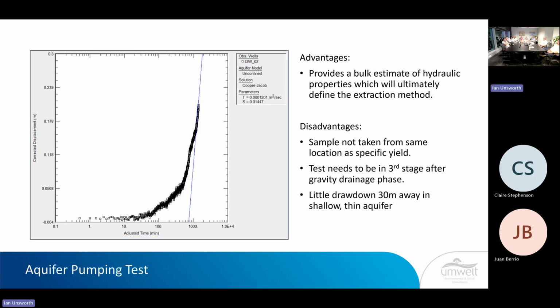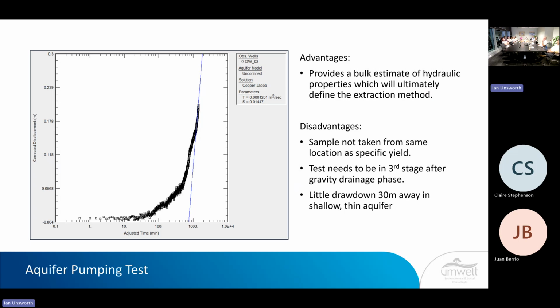Like I said, the sample that you take is not the same as the location-specific yield, so nobody seems to take any notice of that disadvantage. And your test needs to be in the third stage after the gravity drainage phase, which I don't think we're in there. Unfortunately, the pumping well was dewatering, so we had to stop. So I still think that's in the gravity drainage phase, and consequently, we're not measuring specific yield.